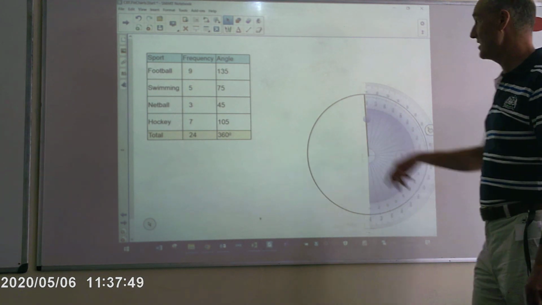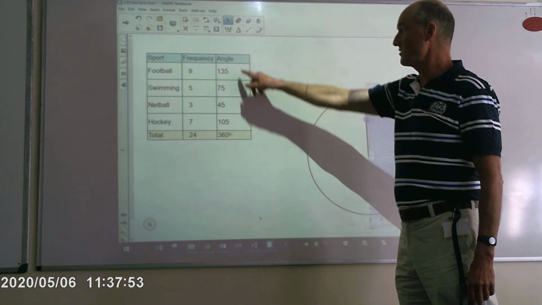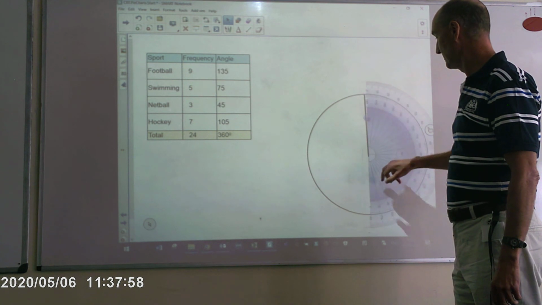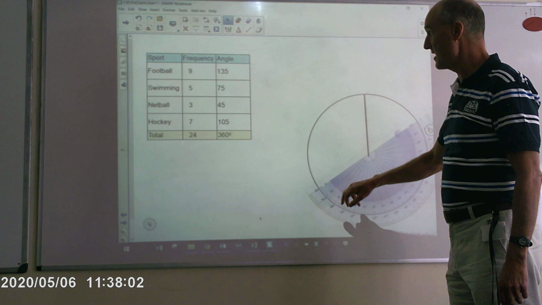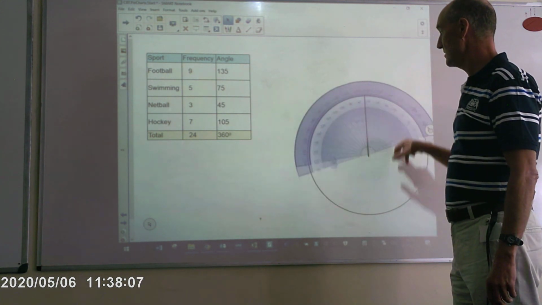Once you've measured out your 135 degrees, measure another 75 degrees on top of that. So it'll take you round further, and then another 45 degrees, and 105 degrees.